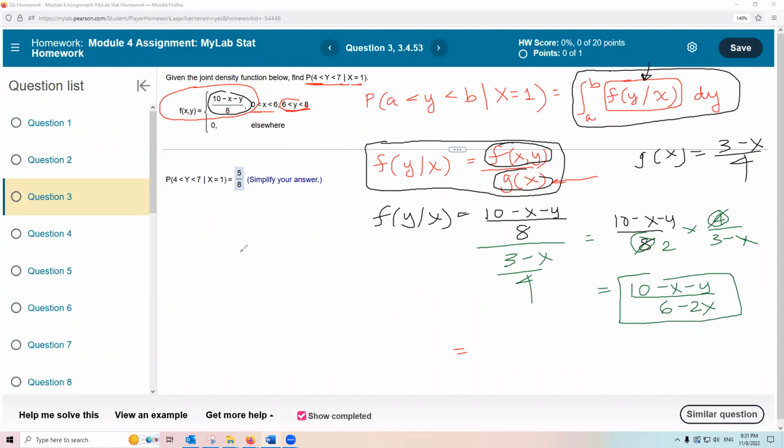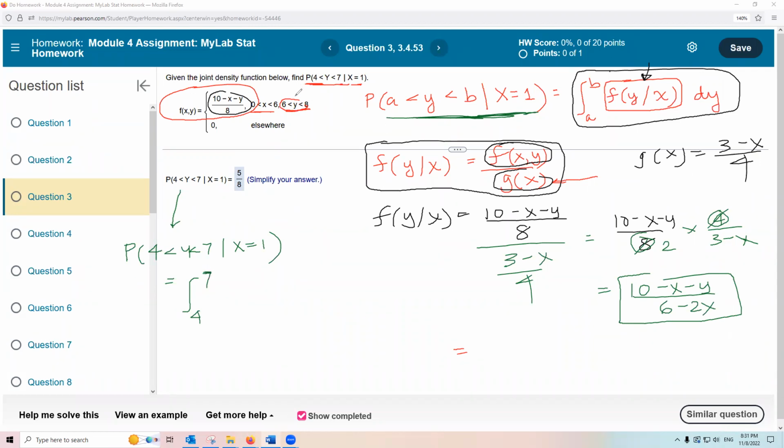All right, so this is the function we need. And so let's go back to the last step. Here's what they're asking us: what is the probability that 6 is less than y less than 7, given that x equals 1? According to what we wrote up here, we're going to take the integral. Now, you might be tempted to write this as the integral from 4 to 7. But here's where I have to be careful.